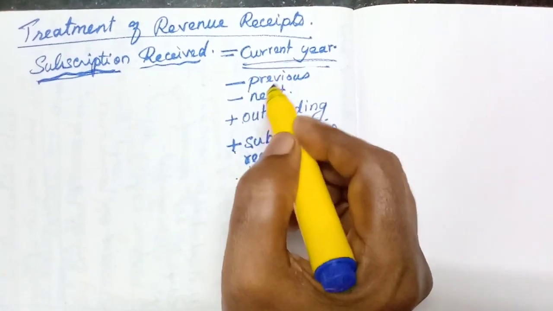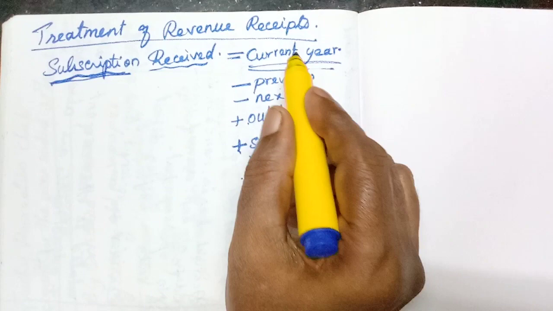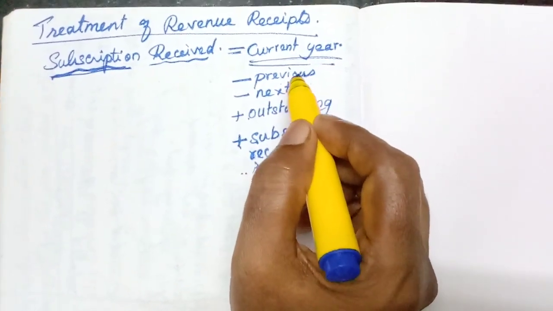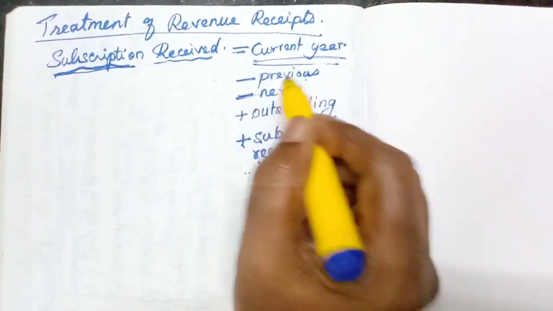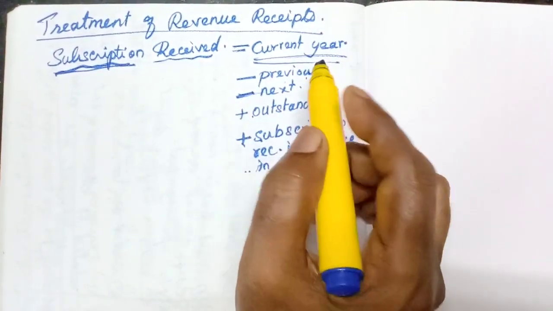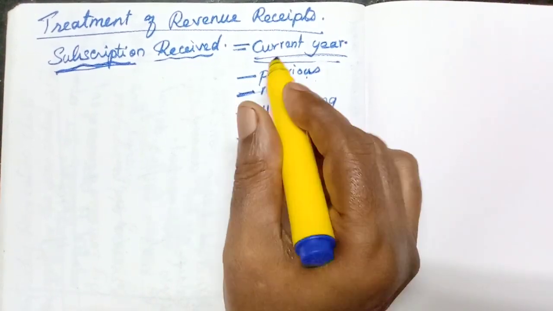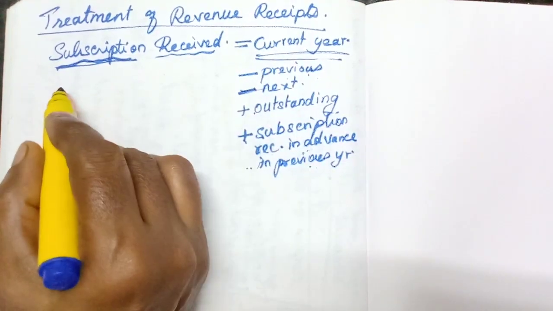And the previous year's subscription that we received this year, we should deduct to show the current year. The next year's subscription, if we receive it this year, also should be deducted. That's all. Nothing difficult. Only these four you have to see.